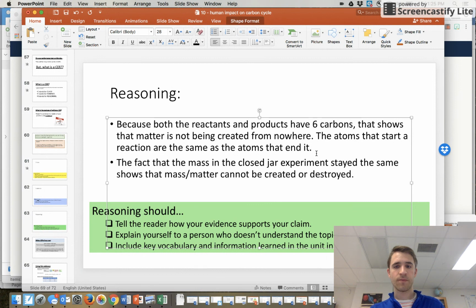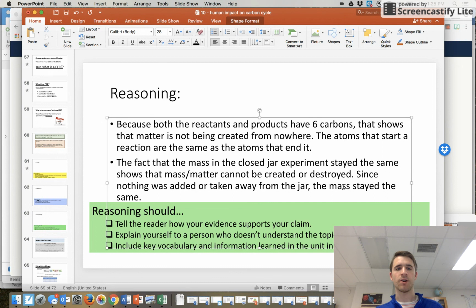True. Nothing was added or taken away from the jar. Mass stayed the same. Right, so that's our reasoning, right?